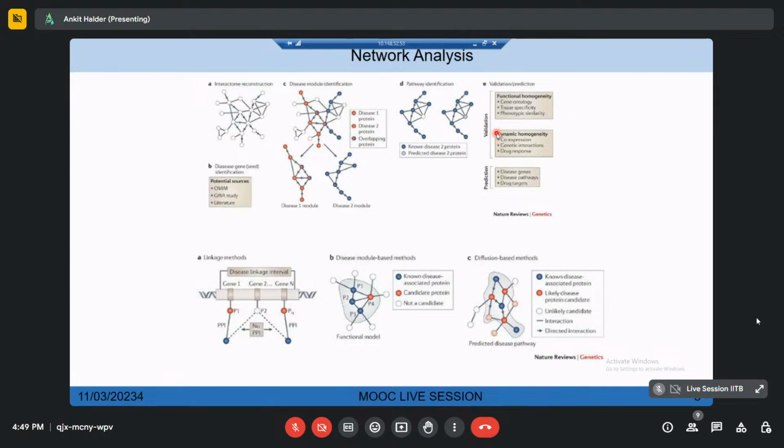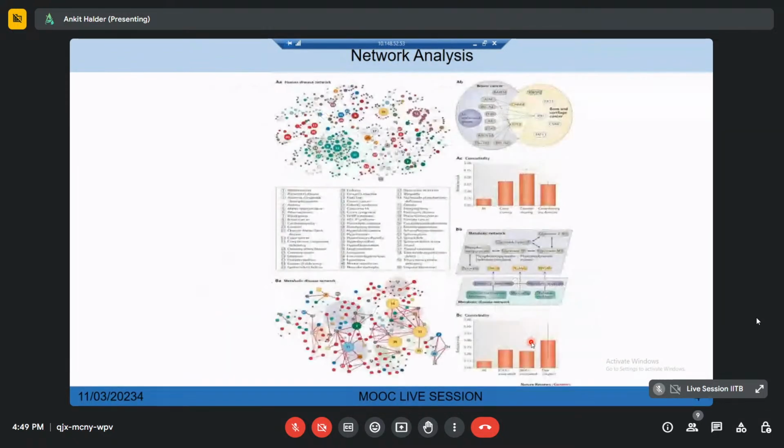We can also understand the pathways through different homogeneity and dynamic homogeneity measures, as well as linkage methods, disease module methods, and other kinds of methods. This is how we can understand the human disease network.